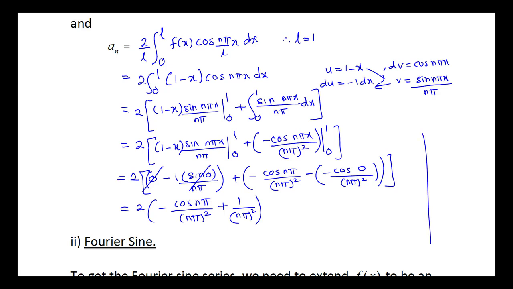So recall, cos pi is negative 1, cos 2 pi is equal to 1. So cos n pi is equal to negative 1 power of n. So you will get 2 over n pi square, negative 1 power of n plus 1.